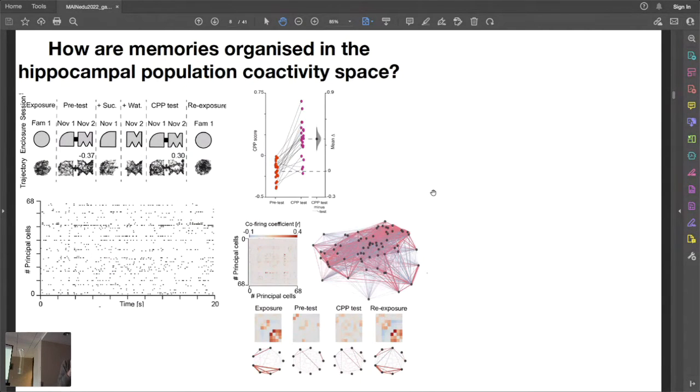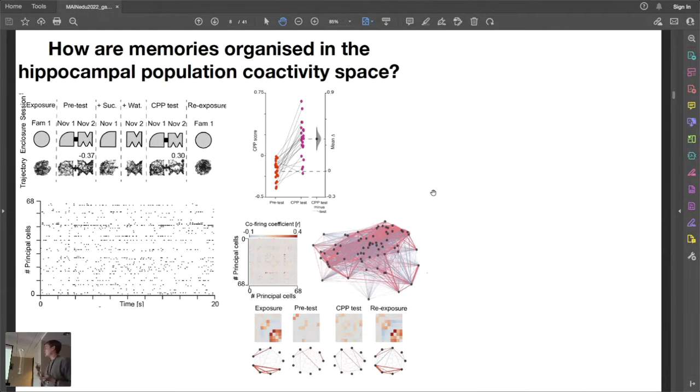And this is basically a simple Pearson correlation of two spike trains only during active times, so when there is theta and the animal is moving, and it is very similar to the functional connectivity metrics that you saw this morning. Just instead of being voxels or brain regions, we now have individual neurons. And so, for example, here we have 68 principal cells, and I'm trying to recapitulate how they are being active with respect to each other.